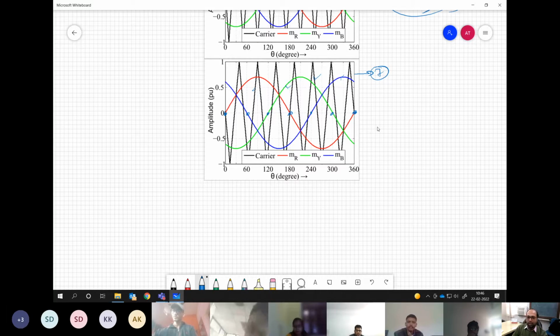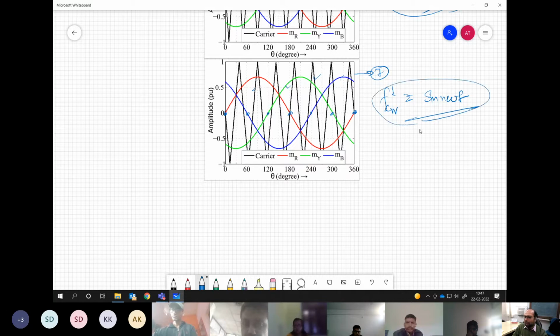Simple explanation is that when you have a carrier frequency, for simplicity take only the fundamental component of this carrier and do the Fourier analysis. What you will have is something like a sine n omega t kind of waveform, which is interacting with the other carriers. I have taken only the fundamental component, which is a very crude simplification.